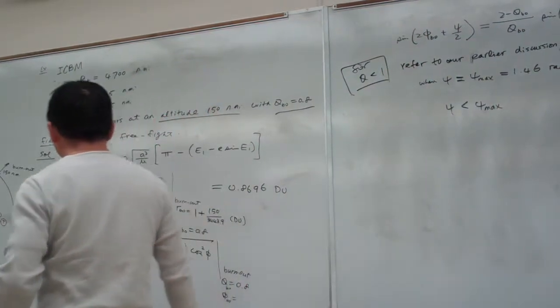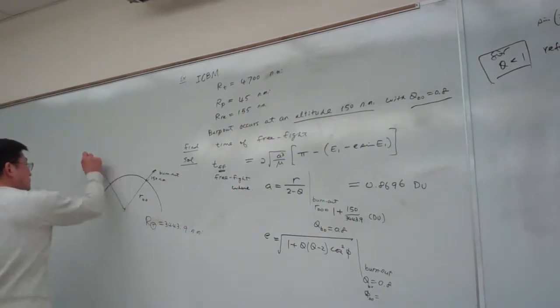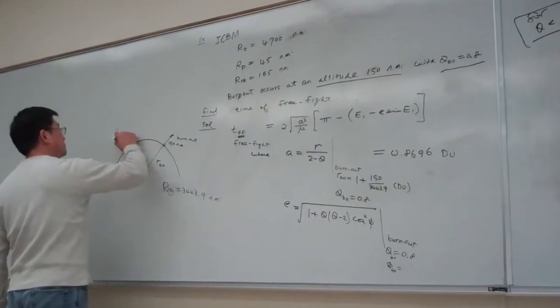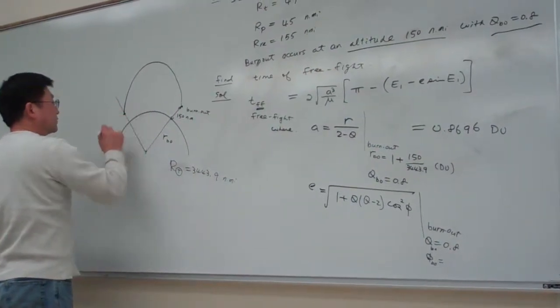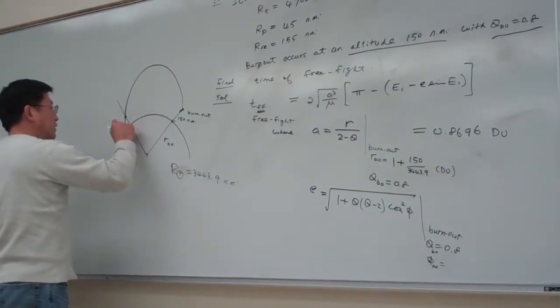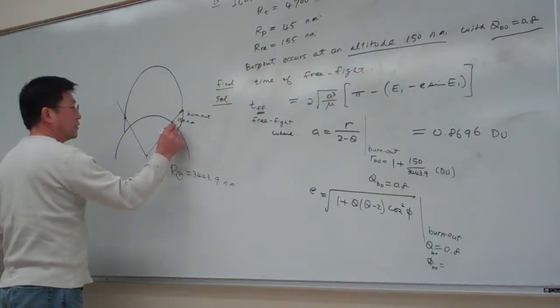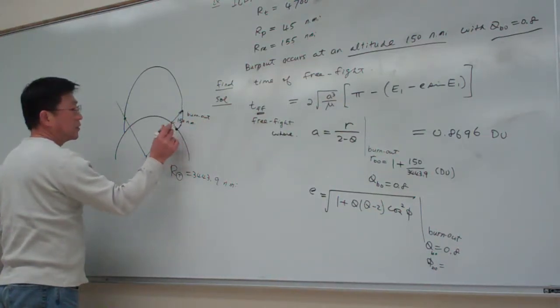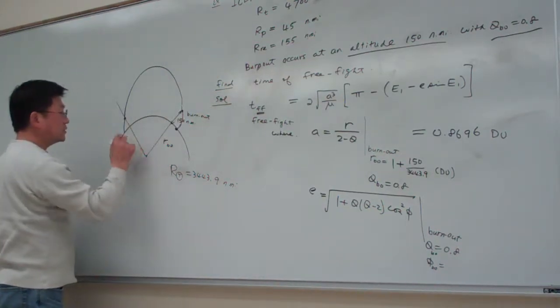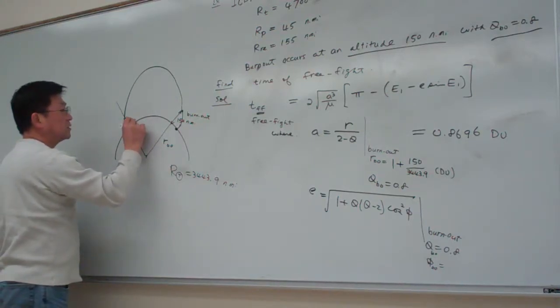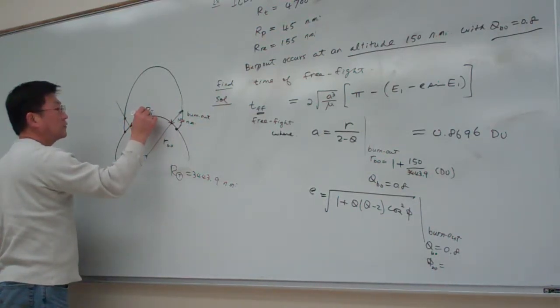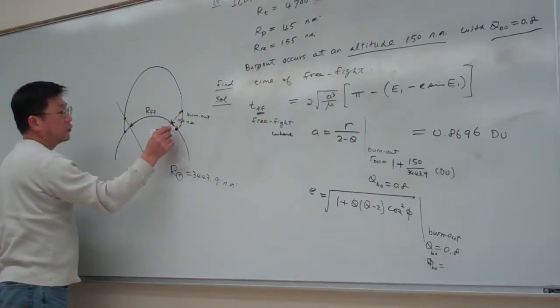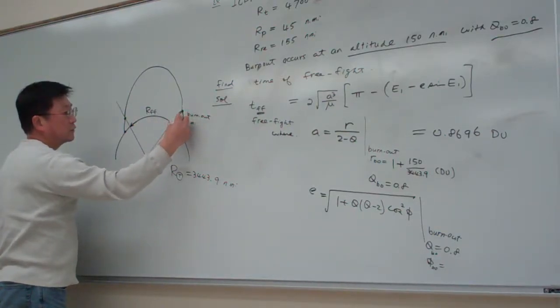So let me draw this one again. This is a free flight. And this is the power flight here. So this meaning is this. And this is the R free flight. This small range corresponds to the first stage.